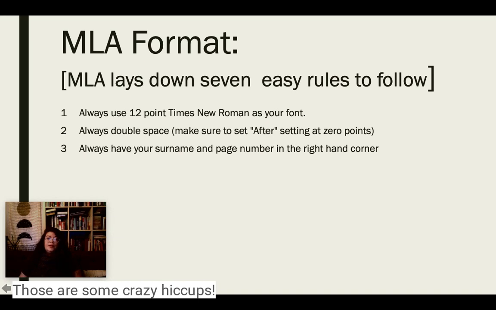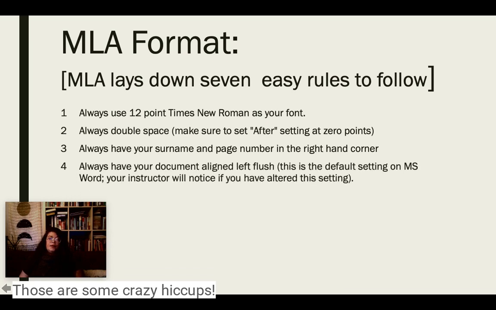Have your surname and page number in the top right-hand corner, right? So in other words, make sure that you have your last name and page number in the upper right-hand corner. Always have your document aligned left flush, right?